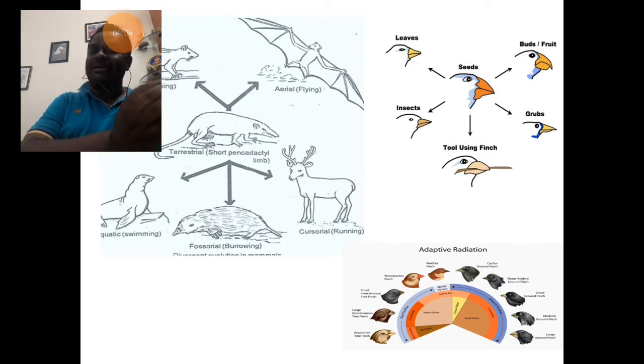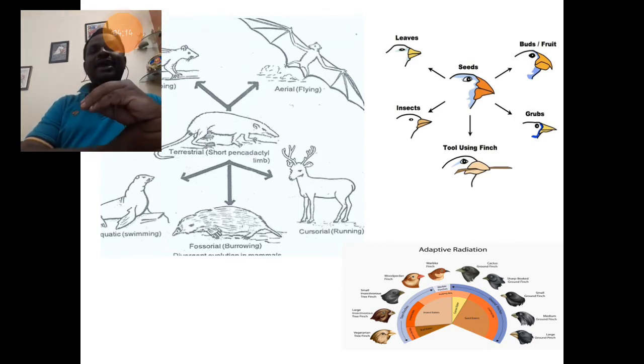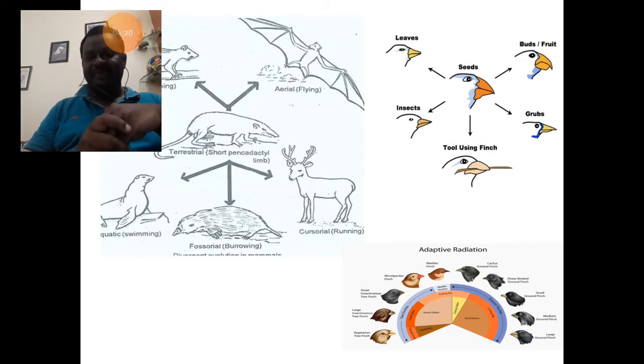South America had an ancestral form of this finch which was a seed eater. When this started to migrate to the nearby islands of Galapagos, there they encountered different feeding habits due to competition.